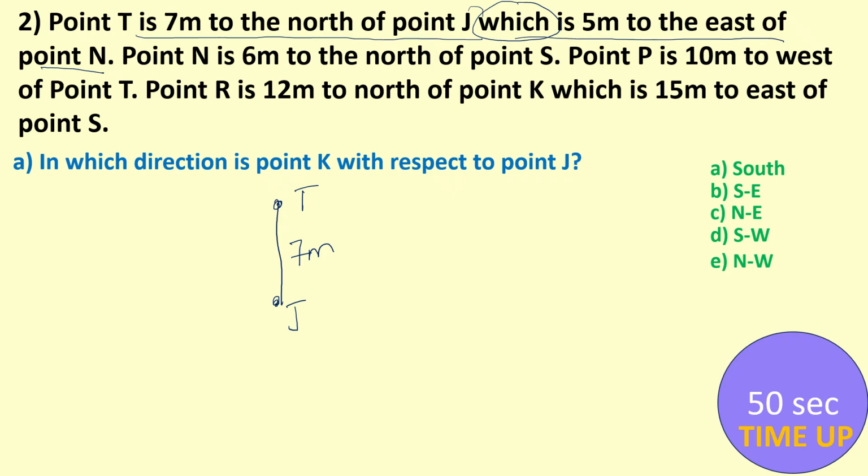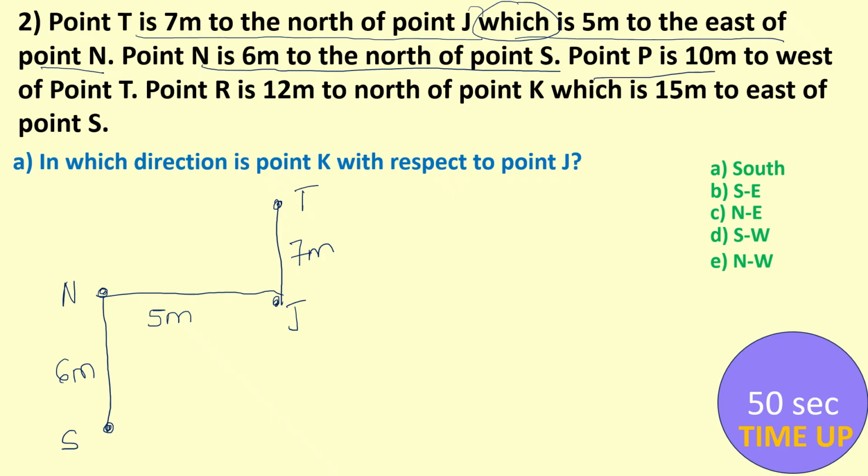So J is to the east of point N. If I place point N, J will be east of point N at 5 meter. Then point N is 6 meter to the north of point S. So S will be here somewhere, and this is 6 meter.